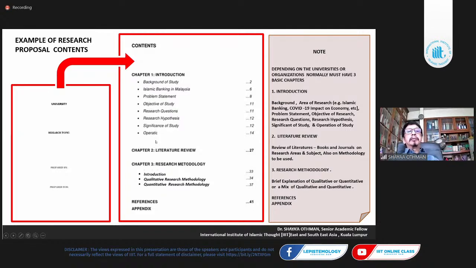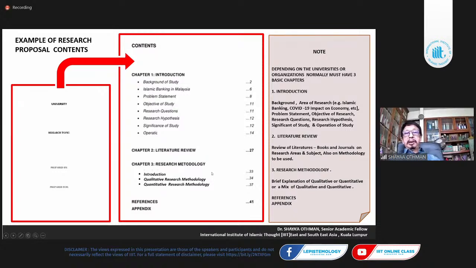Then you have the operational research, how you are going to do it. Then the literature review and the research methodology you will apply. You cover everything. These are three important elements: introduction, literature review, and research methodology.